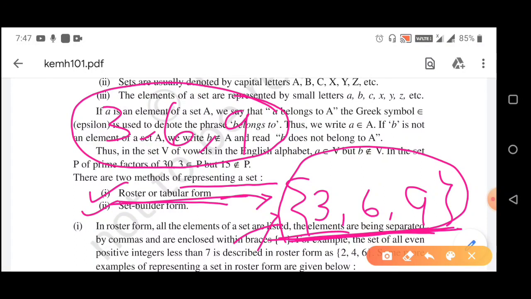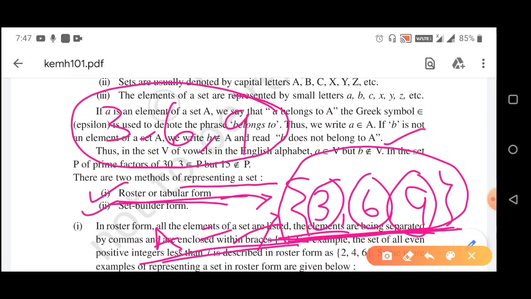Suppose we can denote the set by capital A or B or C. By any capital letter we can denote any set, and the elements of these sets are 3, 6 and 9. So here our set is set A and the elements of the set are 3, 6 and 9.